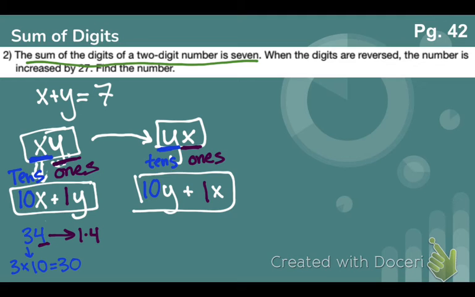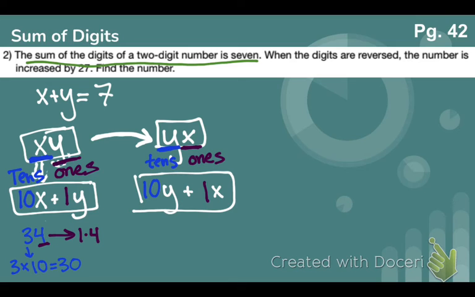Now, what is the difference between our numbers when we reverse them? When the digits are reversed, what does it increase by? 27. So when I go from xy to yx, what am I doing?